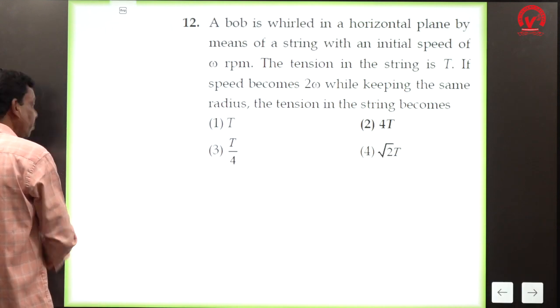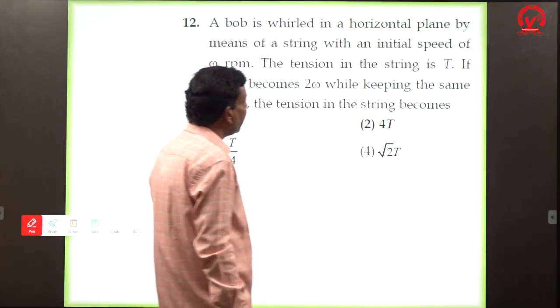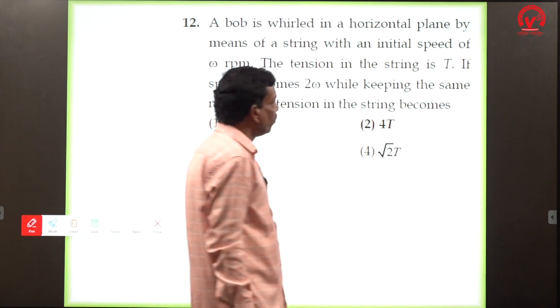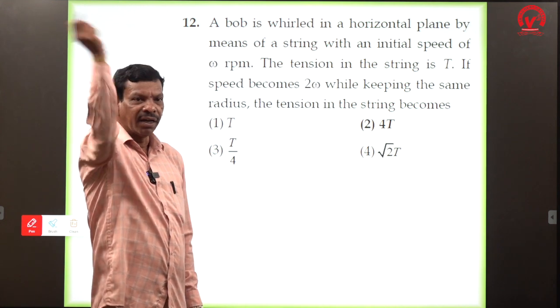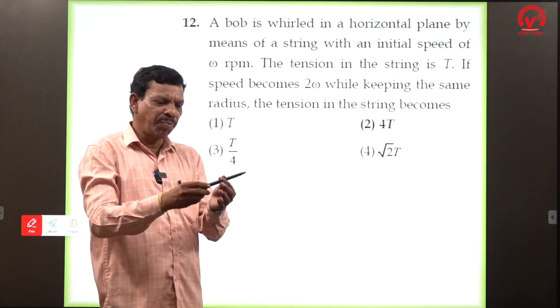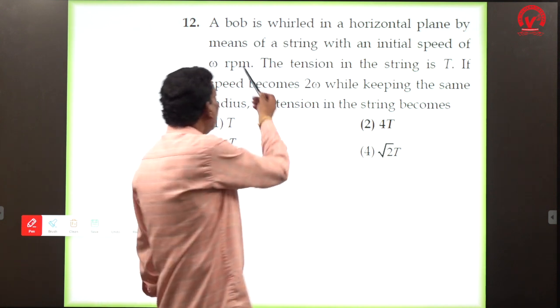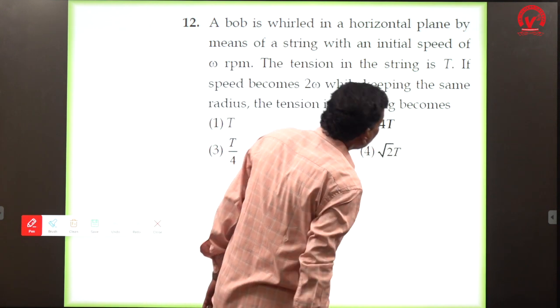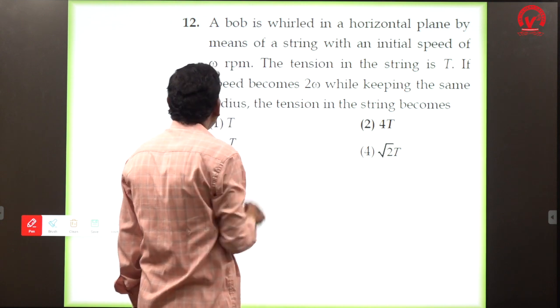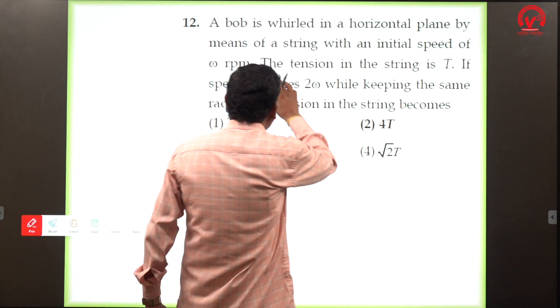Next question number 12. A bob is whirled in a horizontal plane. So like this we are whirling, not this, this is vertical circular motion. So for example, we take this. So it is horizontal, on a string with initial speed of omega rpm, revolutions per minute.